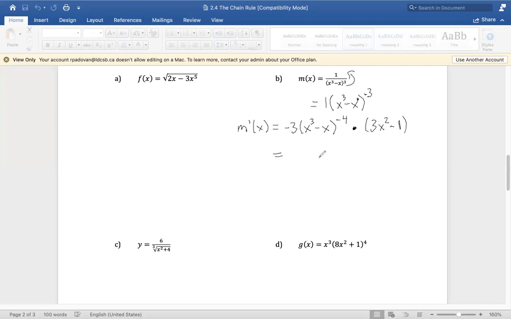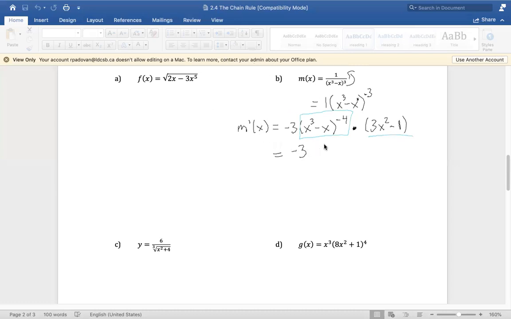I don't like negative exponents. If that exponent is negative, I need to move basically this entire part down to the denominator to make it positive. But this part is positive, so it can stay.